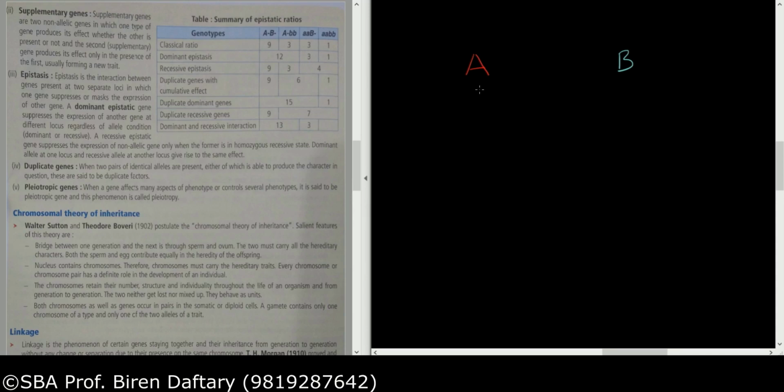This A gene, when it is present alone, can produce an effect. If this A gene is present with the B gene also, it can produce an effect. So if this is capital A, then this combination can produce an effect, whatever the effect is. And if the combination is capital A capital B also, it can produce the same effect.